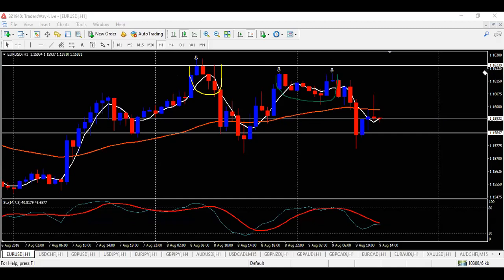That will give you a sell limit price, which this one right here would have been 1.16239.